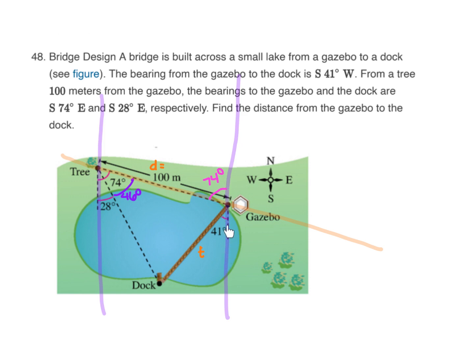Now, this is a straight line, and so the total of these angles should be 180 degrees. So if I take 180 minus 74 and 41, or 74 minus 41, then we would get 65 degrees here for our gazebo.